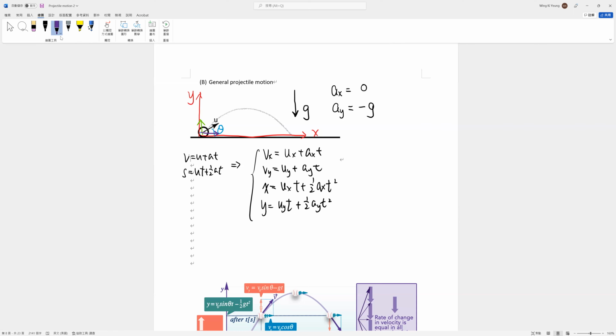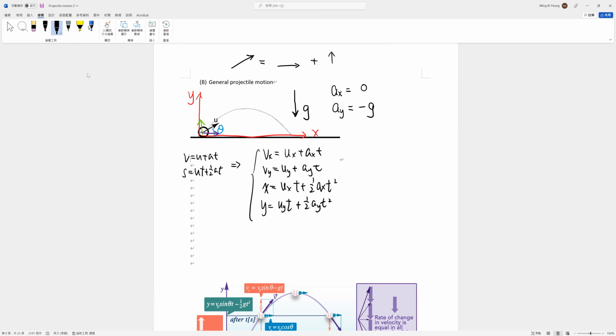Now, do you know what is meant by components? We talked about this a long time ago when we talked about vectors. So we said that this vector can be written as a sum of these 2 vectors. Then we can make use of trigonometry to find it.